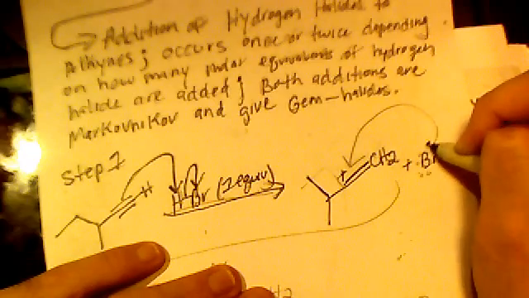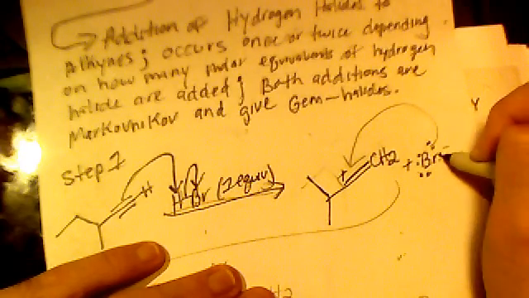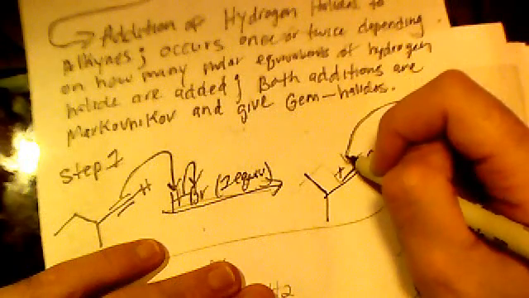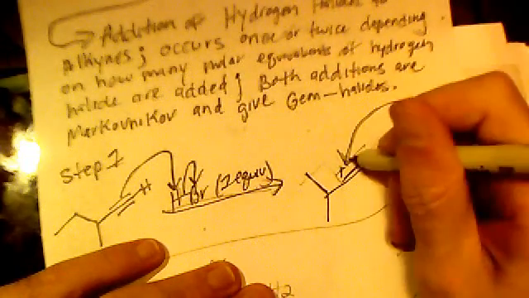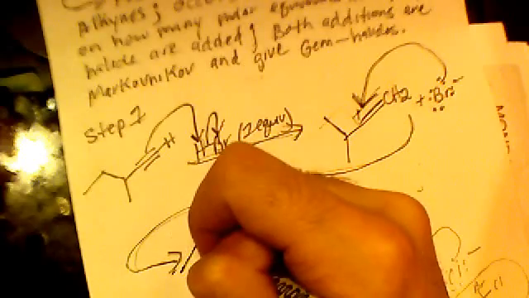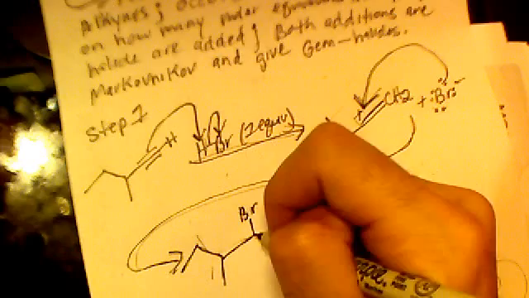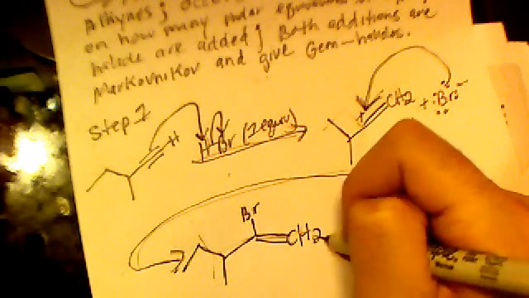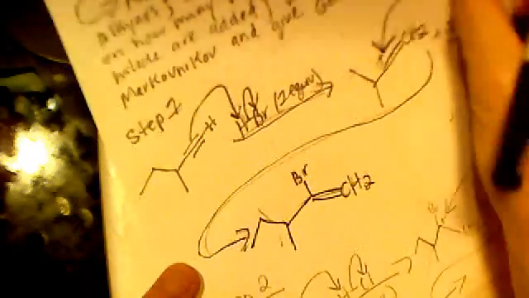So here's the bromine anion that broke off, and then this donates electrons to that positive center right there. And after it does that, we have a neutral alkene, right?